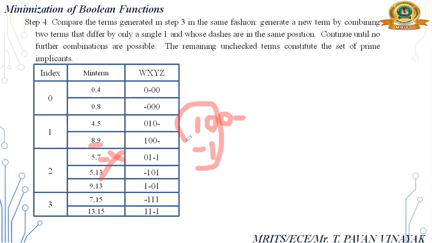Here we get two differences, so 8, 9, 5, 13 also not possible. Next 8, 9, 9, 13. Here 9 is available, here 9 is available, so no need to check it. So the 1 and 2 combination is also completed. We did not find anything.